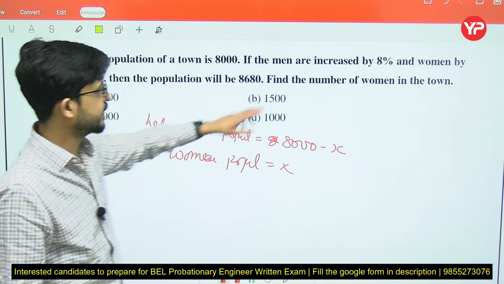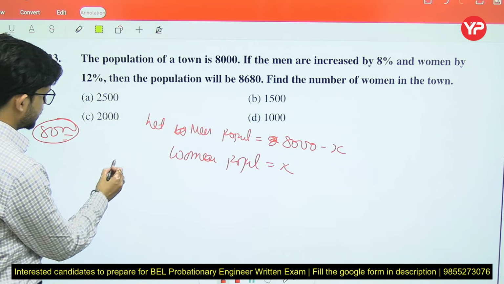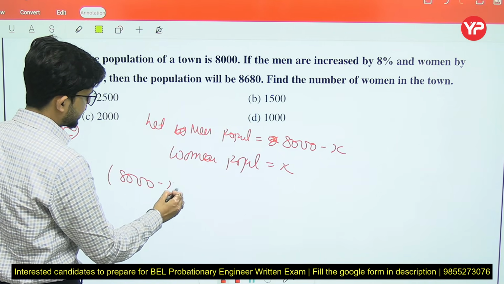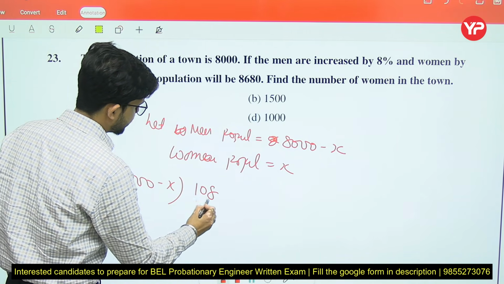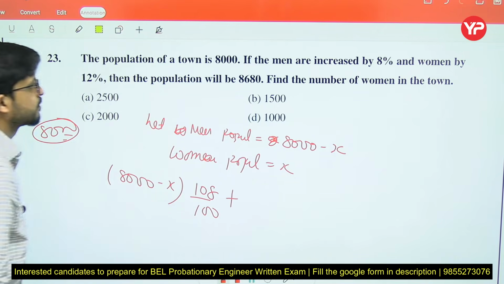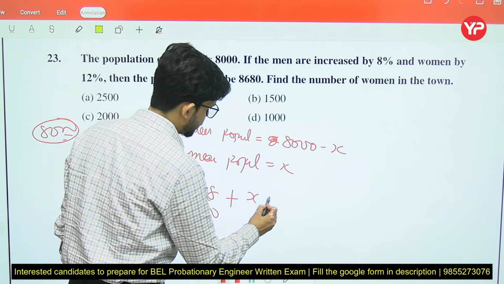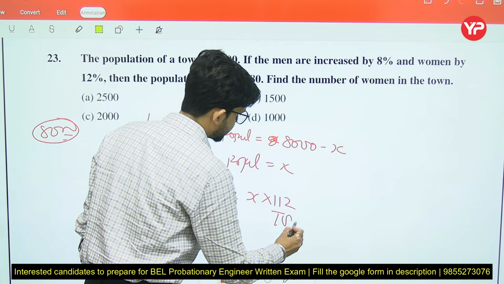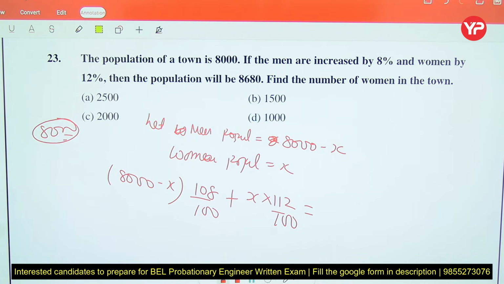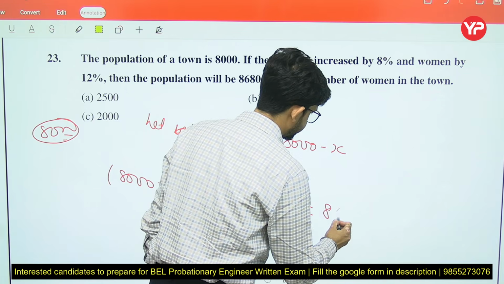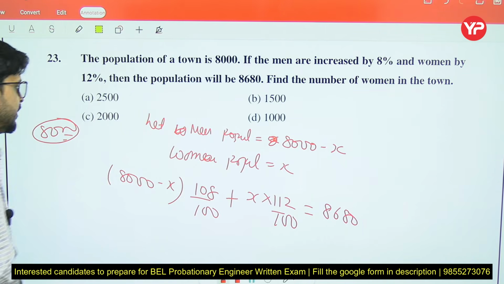Now what he is saying, that if the men are increased by 8%, 8,000 minus x, 8%, matlab 108% of this, plus women by 12%. Women is how much? x into 112% is equal to, it will give the population 8680. So just you have to solve this.